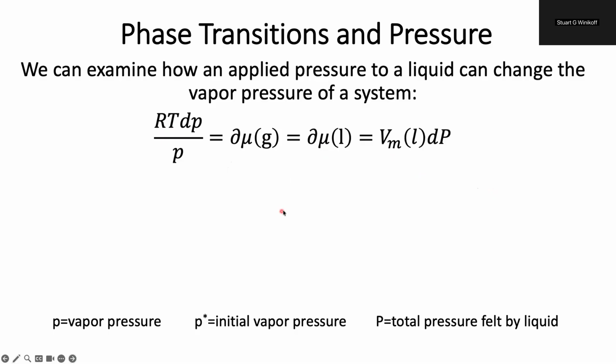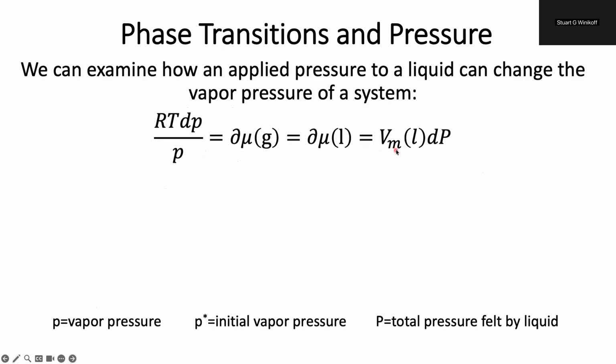Now, one of the things to watch out for is when I'm setting equivalency between a gas and a liquid, I have to really watch out for what pressures I'm using. Because the pressure the gas really cares about is the vapor pressure, and because it's ideal, it's invariant to the total pressure.